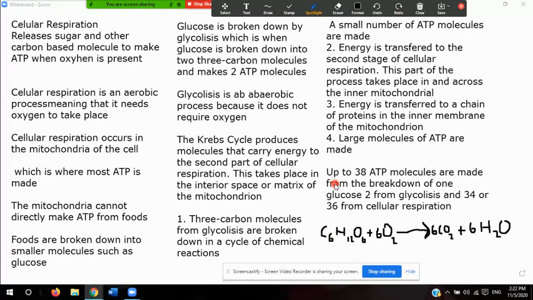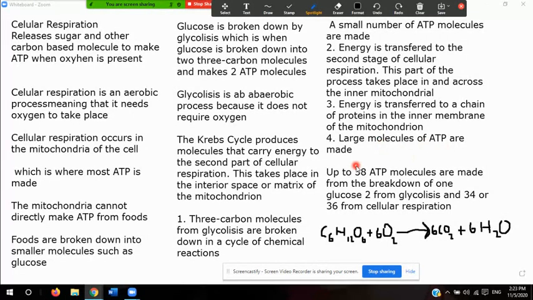Then energy is transferred to the second stage of cellular respiration. The third step is that energy is transferred to a chain of proteins in the inner membrane of the mitochondria. And 4 is that large amounts of ATP molecules are made. It's actually supposed to say large amount, not large molecules.